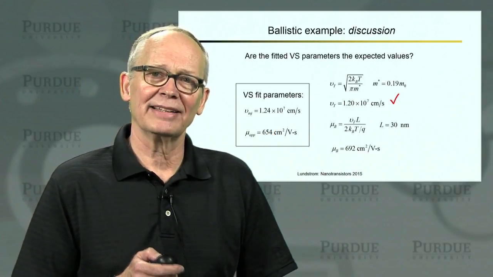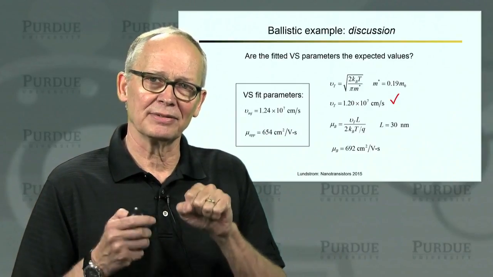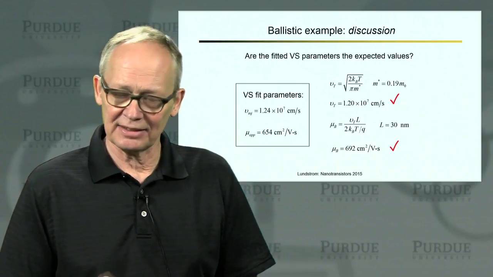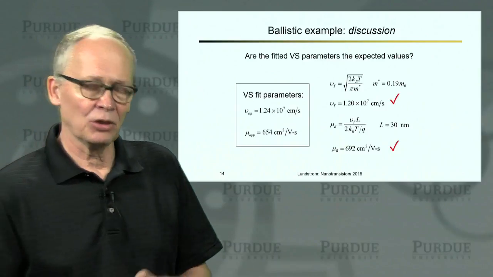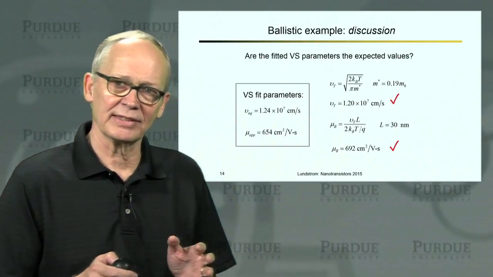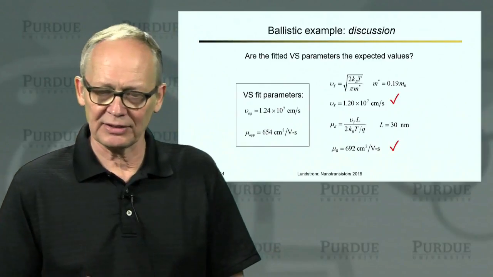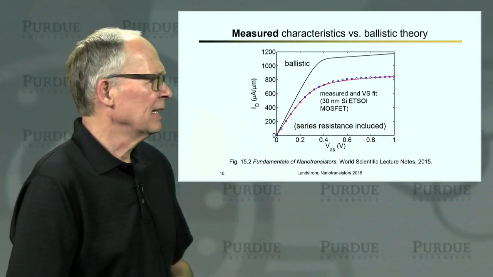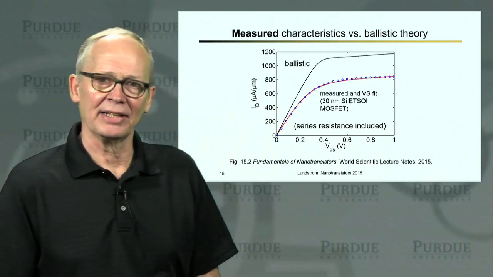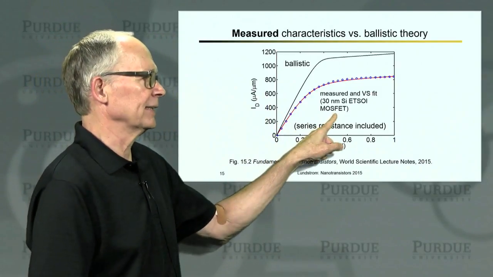So we conclude that the apparent mobility that we use to fit the IV characteristic is actually the ballistic mobility. So we can attach physical significance to these parameters that we're adjusting in the virtual source model to fit our ballistic MOSFET.